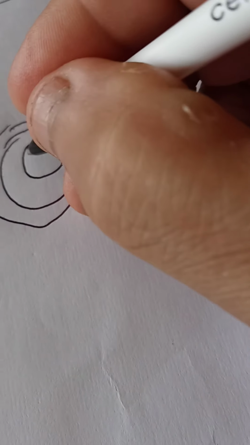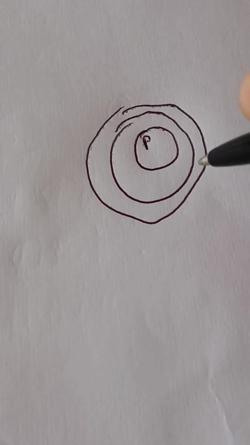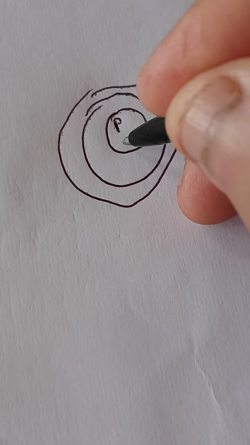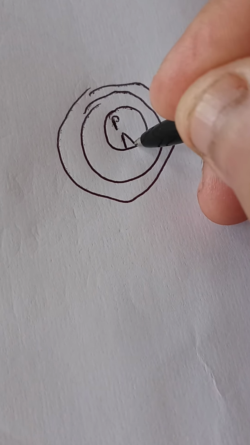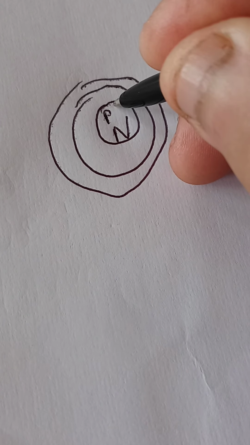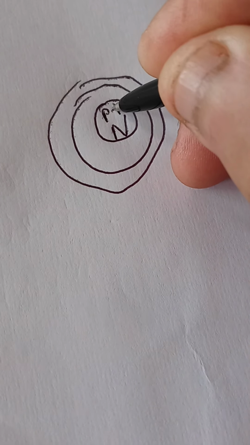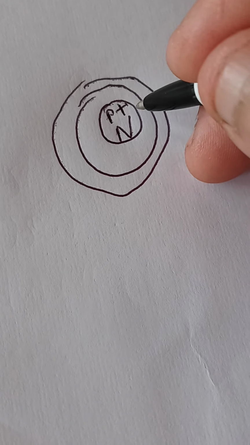And what happens is that, let me see if I can draw it for you here. You got here the center, you got here the outer shell. Here you have P for proton, and you have N for neutrons. Capital P and a plus sign.